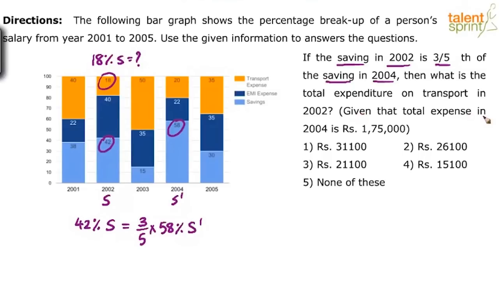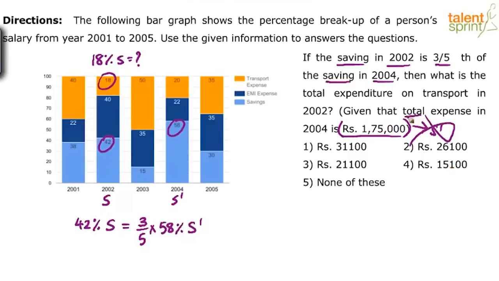Given that the total expense in 2004 is 1,75,000. Now I know that in a hurry, most of you would assume that 1,75,000 given here is S dash, because the total of 2004 is S dash. But that is why you have got the wrong answer.